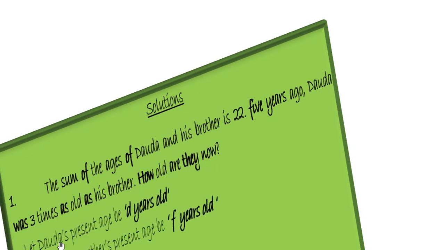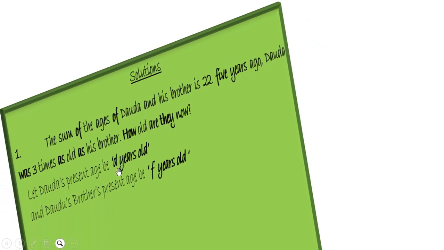Let Dauda's present age be D years old, and let Dauda's brother's present age be F years old. I think you can relate. So from the first statement, the sum of their present ages, if Dauda is D years old and his brother is F years old, you can deduce that D plus F is equal to 22.